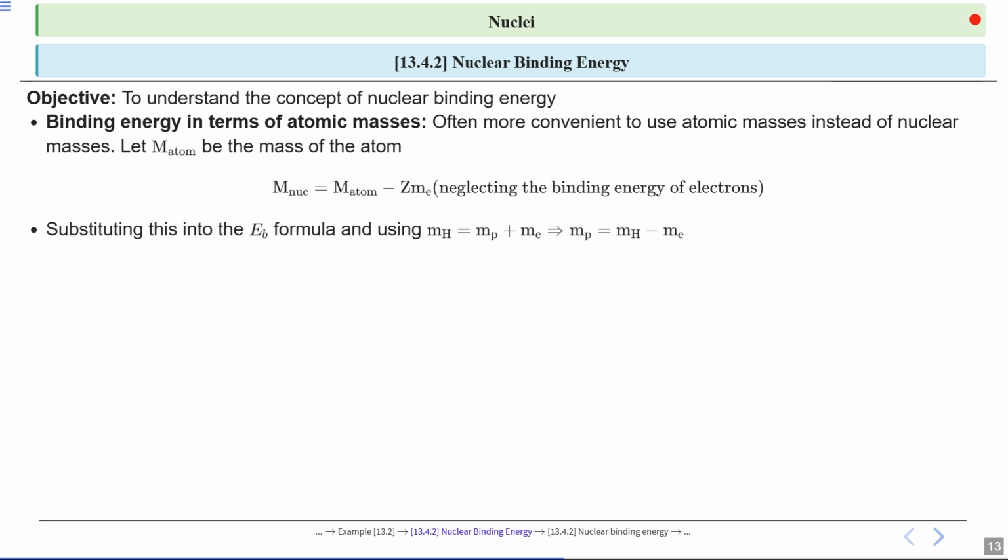Now let's substitute this expression for M_nuc into the formula for binding energy E_B. Remember, Mh is the mass of a hydrogen atom, which is made up of a proton and an electron. So we can write Mp, the mass of a proton, as Mh minus Me.